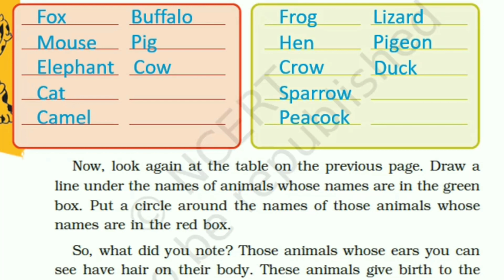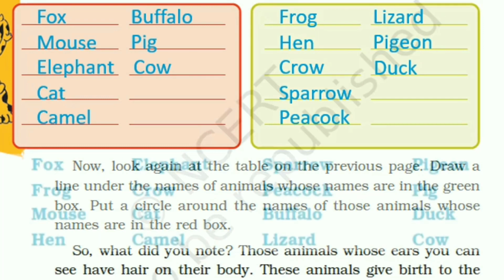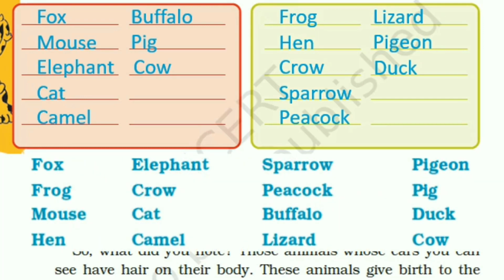Okay, so what did you note? Those animals whose ears you can see have hair on their bodies. So in the red box, we have to circle, and in the green box, we have to underline.